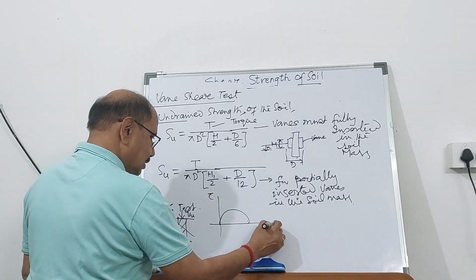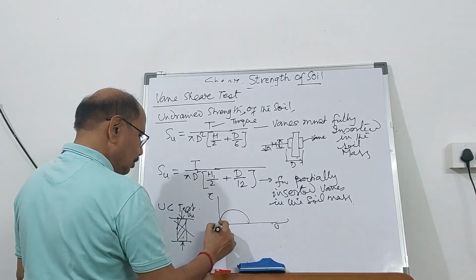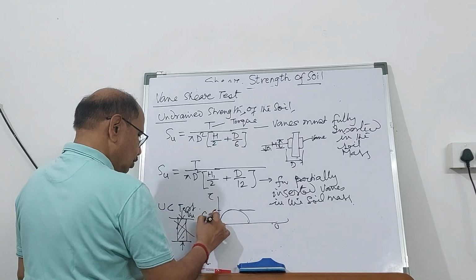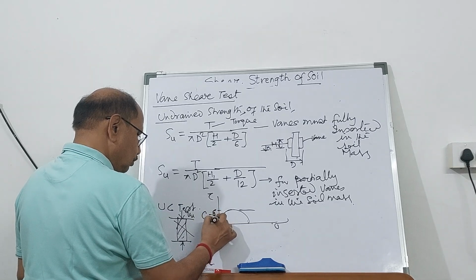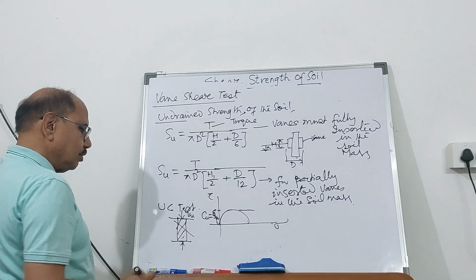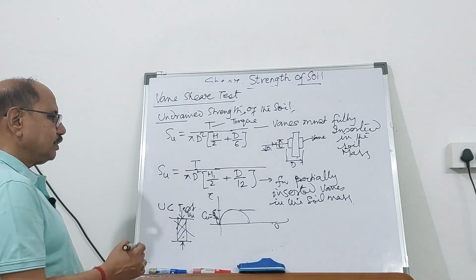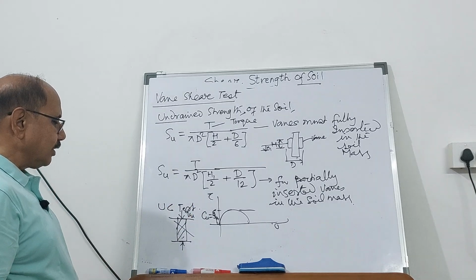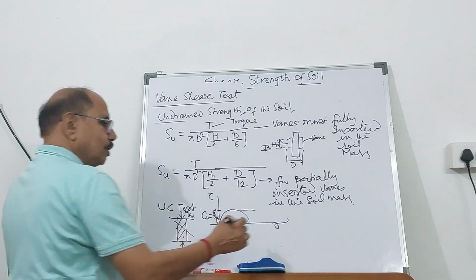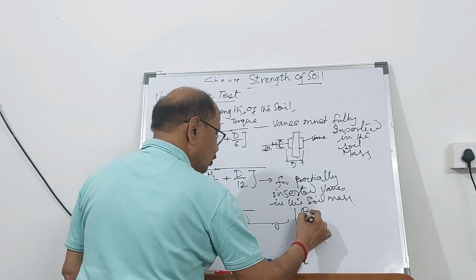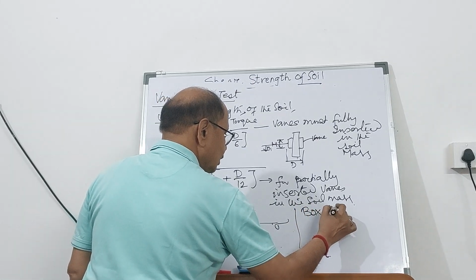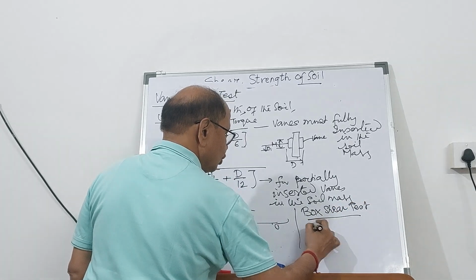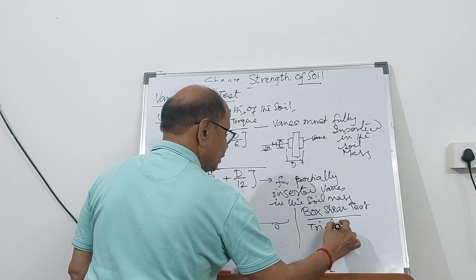So tau versus sigma will give you this, and this is going to give you Cu equal to Su. So this is done on fully saturated clay. So for clay, you can do the unconfined compression test. You can also carry out the box shear test. These are the shear tests which you must have performed in practical. You must have performed the triaxial test.